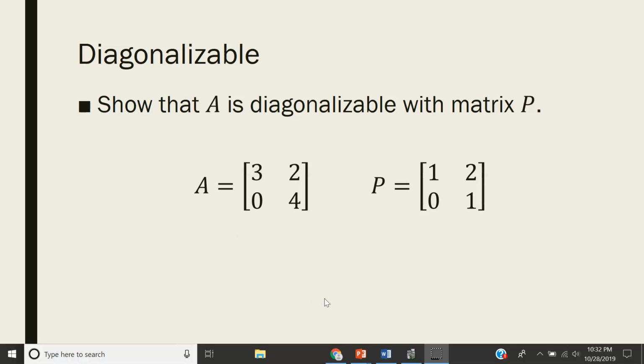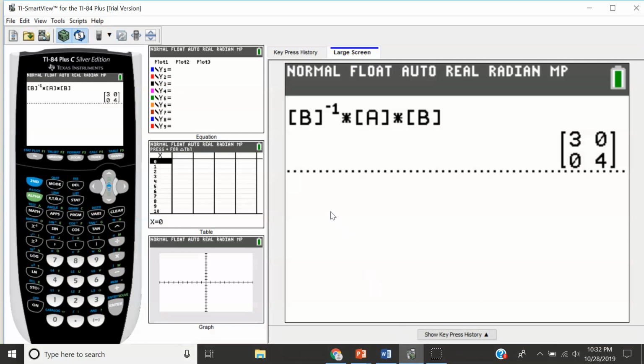All right, so here it is. I took my matrix P and plugged it into my calculator. I took my matrix A and plugged it into my calculator, and all we have to do is P inverse times A times P, and sure enough, we get the diagonal matrix 3, 0, 0, 4.